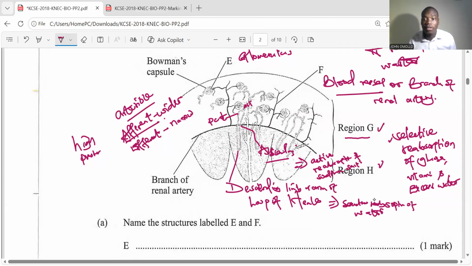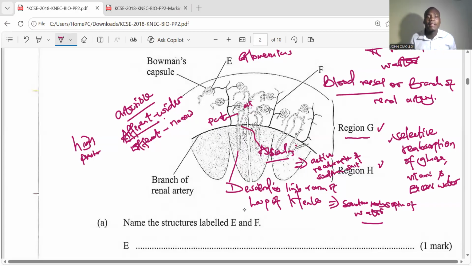So what happens in region G? In region H are now selective reabsorption. At the descending limb of the loop of Henle, what happens there is selective reabsorption of water only. And then at the ascending limb of the loop of Henle, what happens is the active reabsorption of sodium salts.